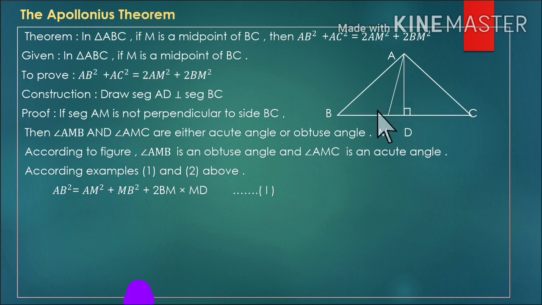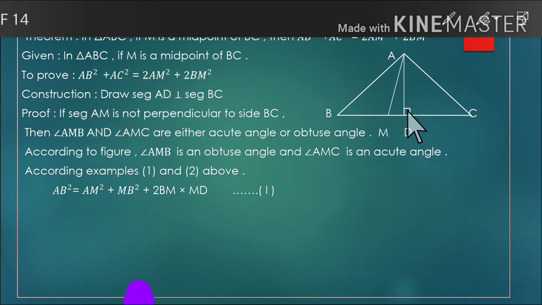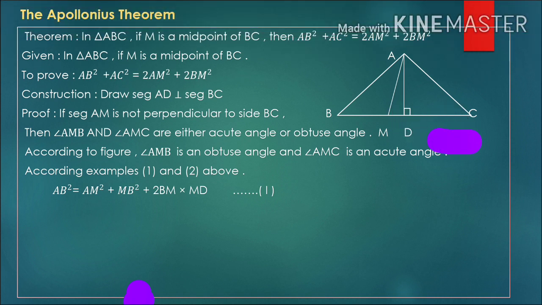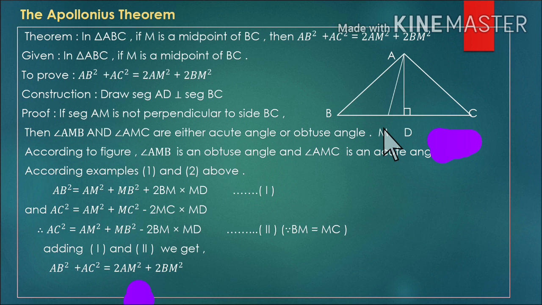Then according to the figure, we can see in the figure AMB is the obtuse angle and AMC is the acute angle. According to the results 1 and 2, for obtuse angle, we can write AB square is equal to AM square plus BM square plus twice BM into MD.